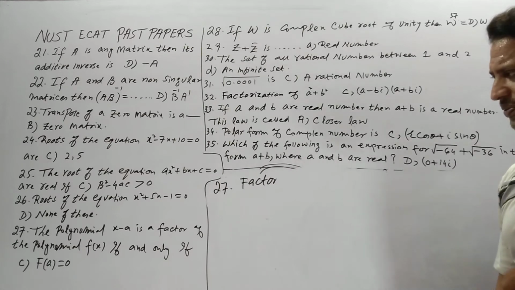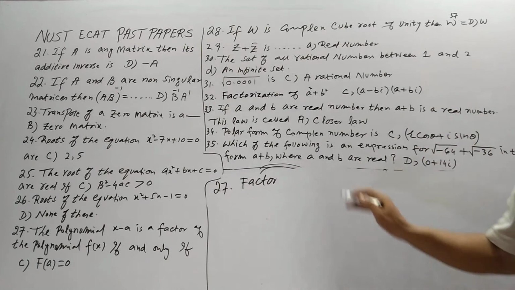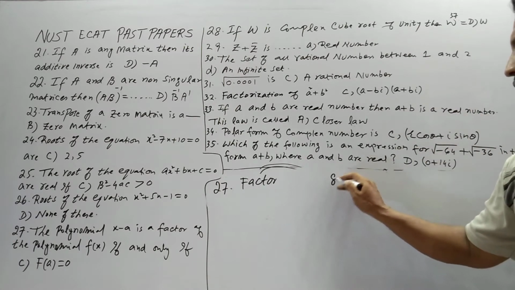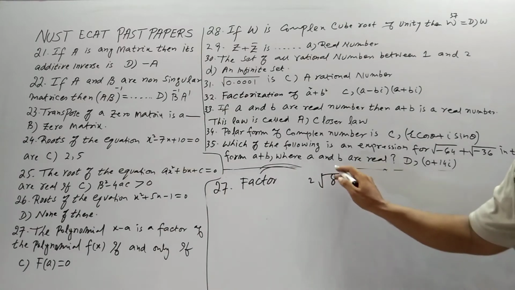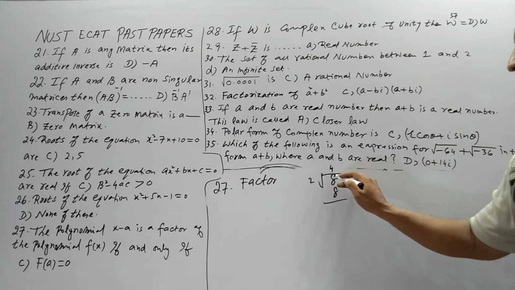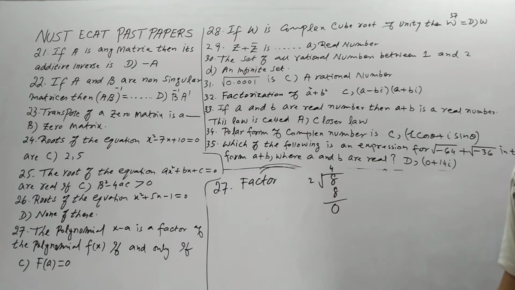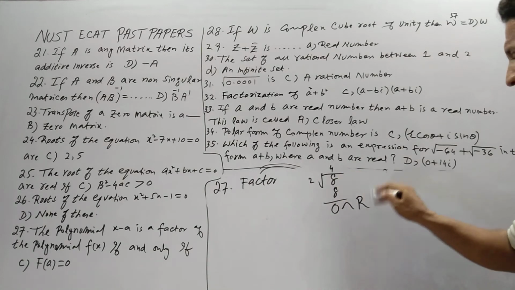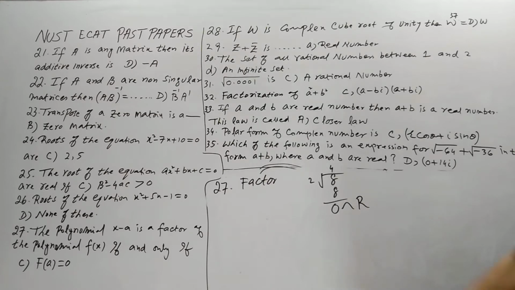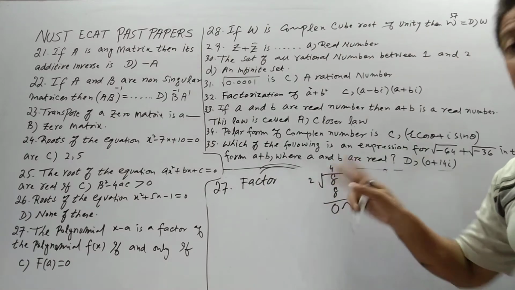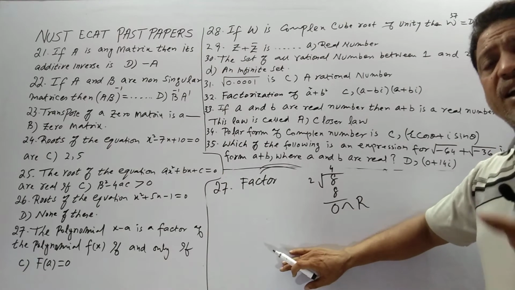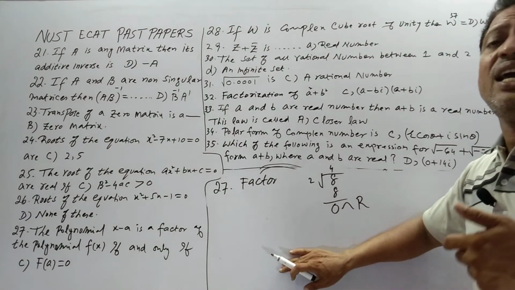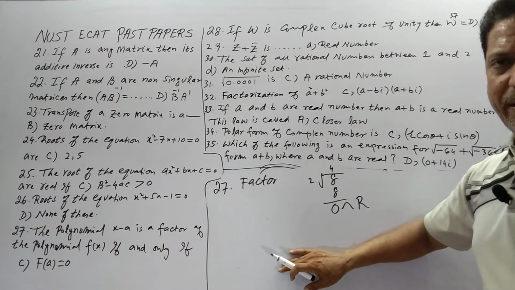Factor means, for example, if we divide 8 by 2, what is the answer? 2 4s are 8, 8 minus 8 is 0. So if the remainder is 0, then we say that 2 is a factor of 8. This is the meaning of factor. You call it factor or you say completely divisible by.